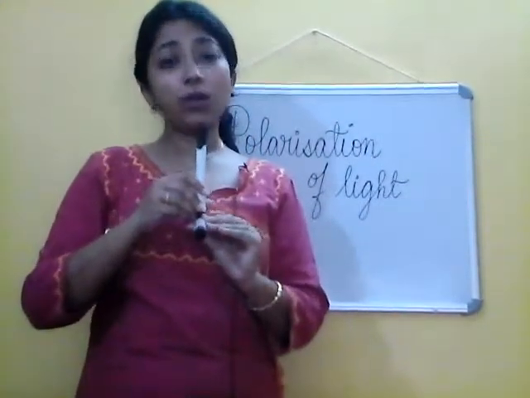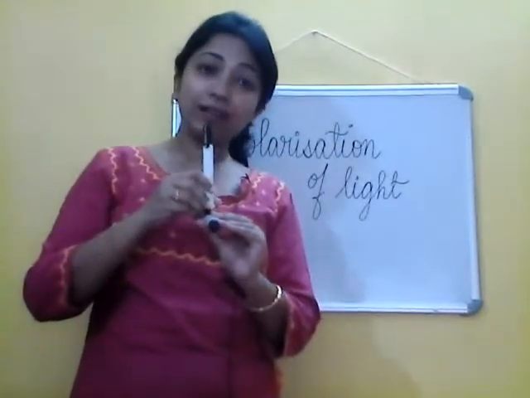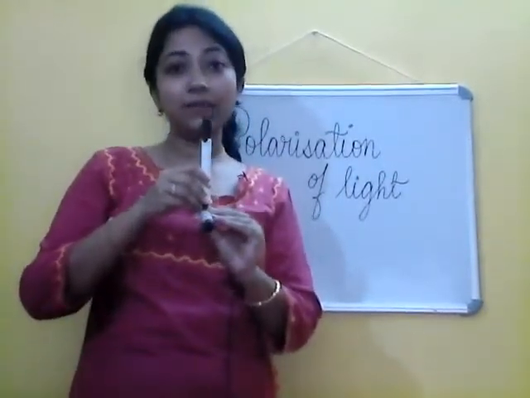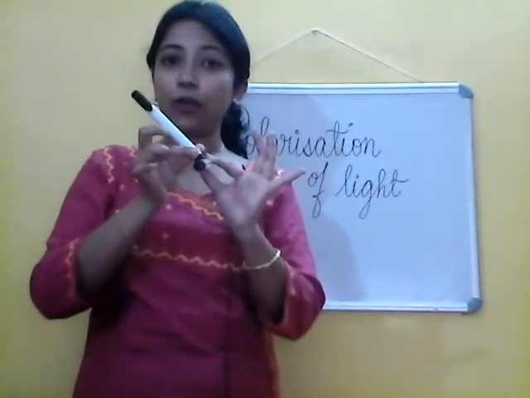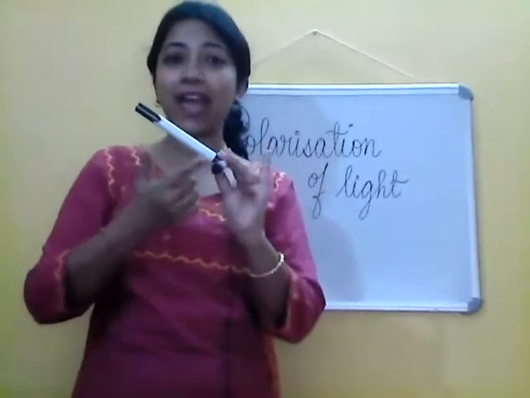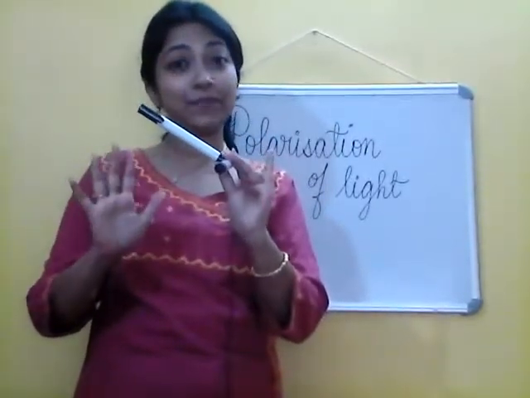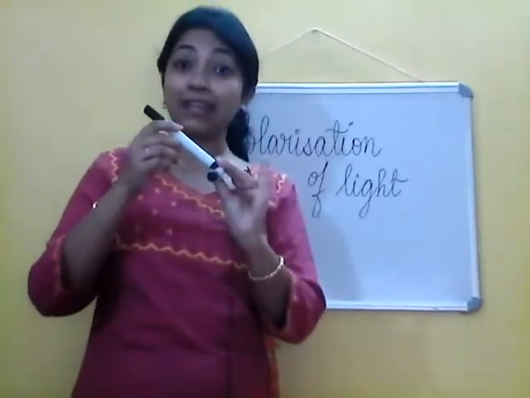But there is also a possibility that another light wave, again reaching my eyes at the same time, is having its electric field like this. Are you following me? In this scenario also, the direction of propagation and the electric field are 90 degrees. They are not breaking any law.